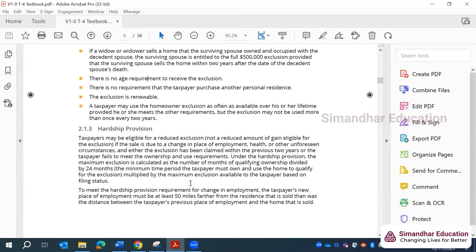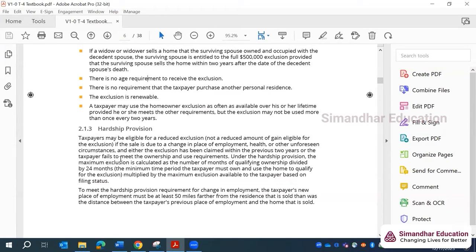Remember that we have prorated the exclusion amount to $62,500. That means up to that much of gain I can exclude. But my actual gain in the transaction is only $15,000.